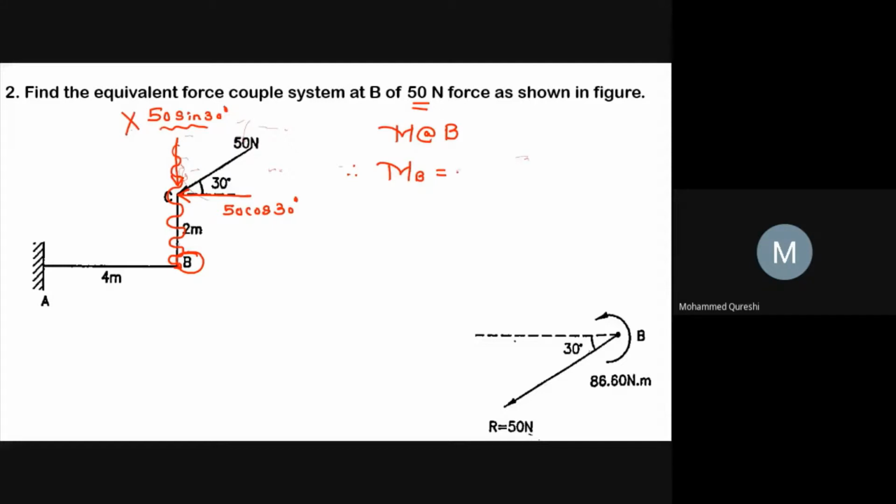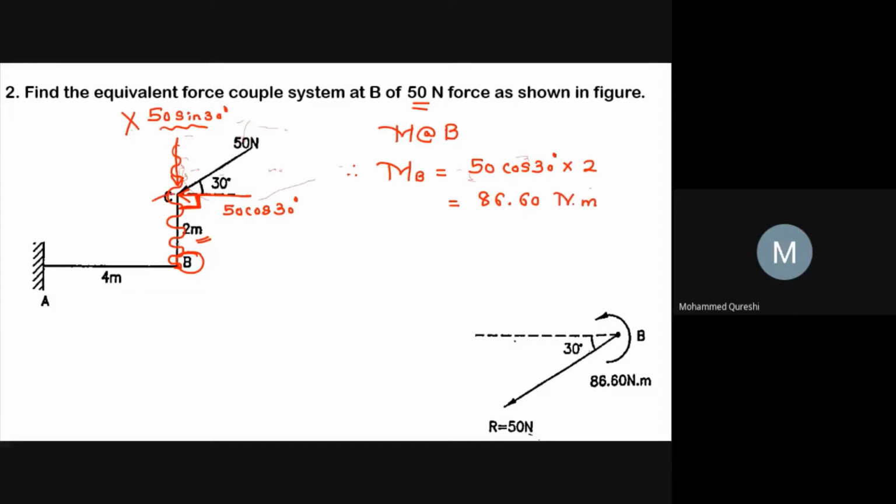So here MB equals 50 cos 30 degree force, and this force makes a perpendicular distance with respect to point B of 2 meter. So into 2 equals 86.60 Newton meter.